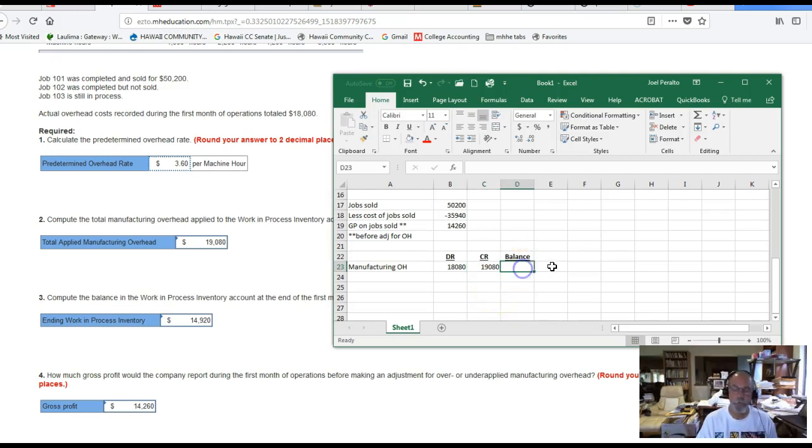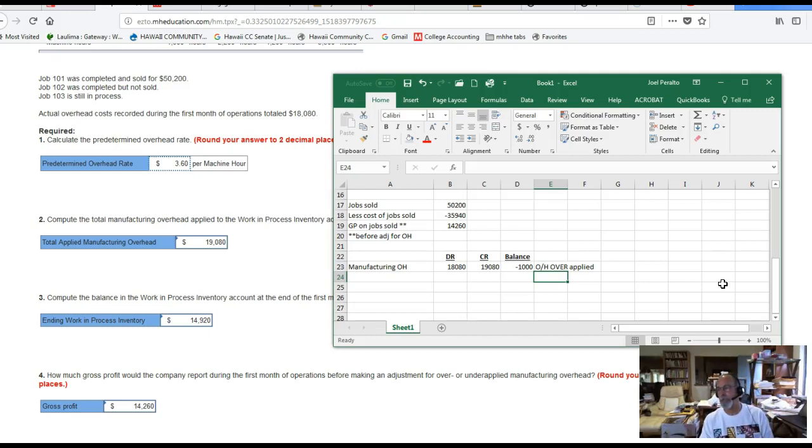If we take the debit and subtract the credit, our balance in manufacturing overhead is a negative amount, which means it is a credit amount, which means we have over-applied overhead to production.